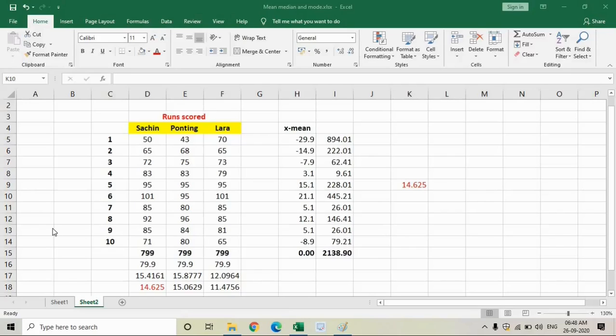In a nutshell, standard deviation gives you the spread of the data, and when we want to see the average square deviations, we use the term variance in statistics. These two terms, standard deviation and variance, are very important in statistics, and without this we cannot move ahead.